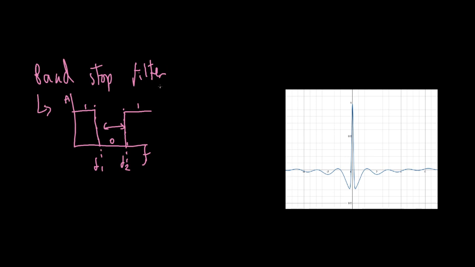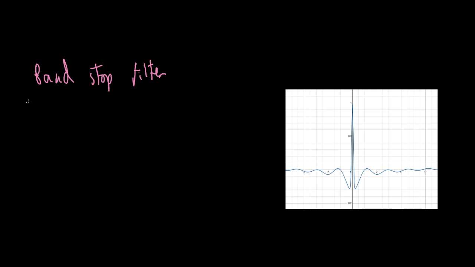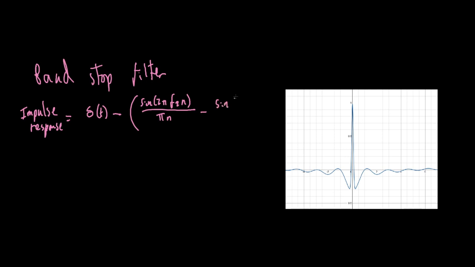And yeah, that's it. Now let's write the mathematical impulse response equation for it. Now the impulse response looks like this. It's sadly a lot longer. The impulse response equals delta Dirac minus sine 2 pi f2 n over pi n minus sine 2 pi f1 n over pi n.